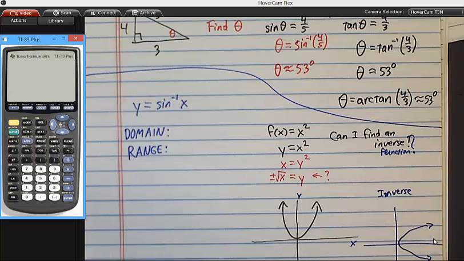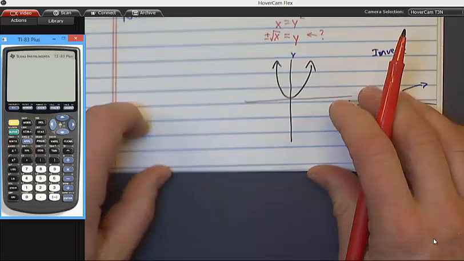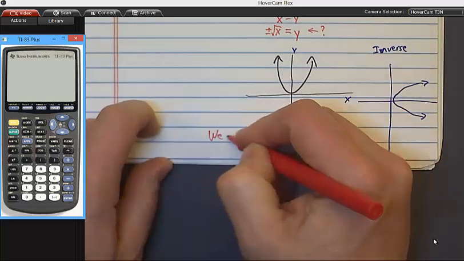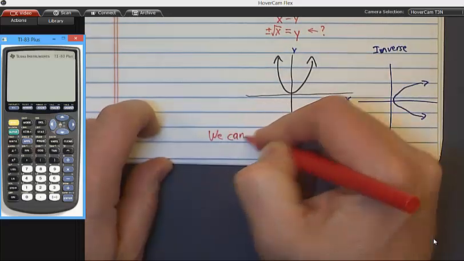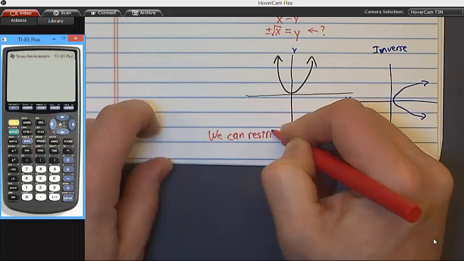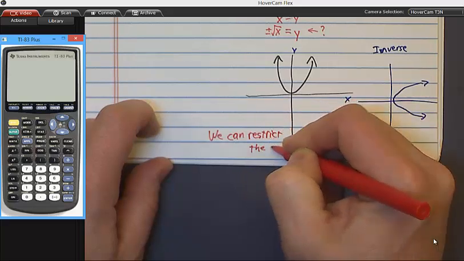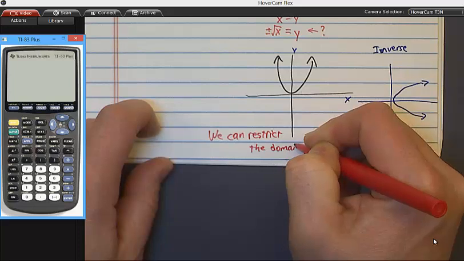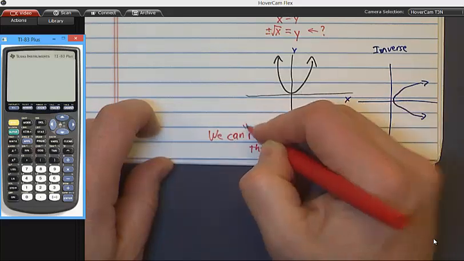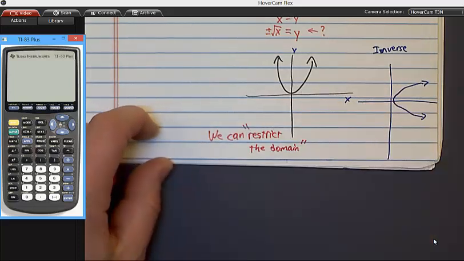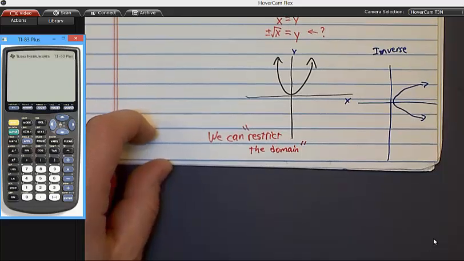But let's suppose I told you guys, here's an idea, okay? We can restrict the domain. That's the phrase that's used. Restrict the domain. In other words, I know that the domain for x squared is usually all real numbers.